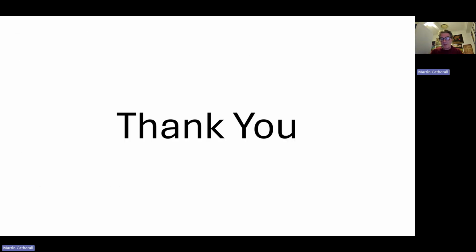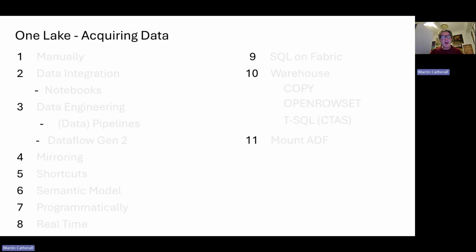We looked at real time, and then we've seen we can have a SQL database on Fabric. And lastly, we looked at some T-SQL commands that exist in our warehouse: the copy command, the OPENROWSET command, and the CTAS command. And I put on there Mountain ADF, that really goes within the data engineering bit in the pipelines.